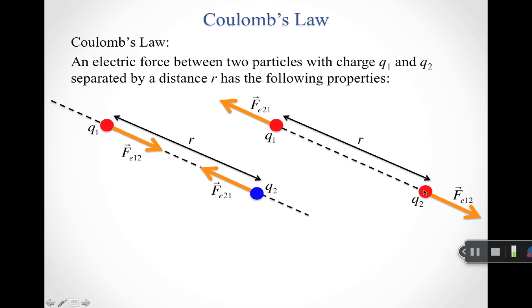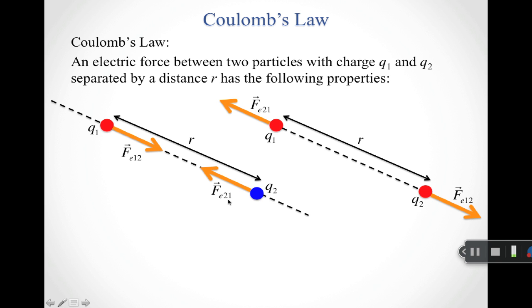And we know from what we've already laid out about charges that opposite charges are going to attract. So here's the electric force felt by charge 1 caused by charge 2, and that is attractive. Charge 2, as an opposite charge, pulls charge 1 towards it.